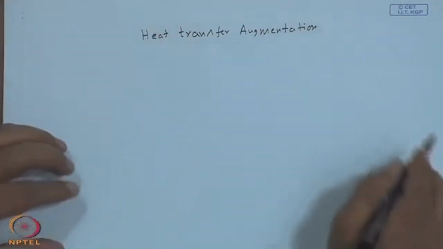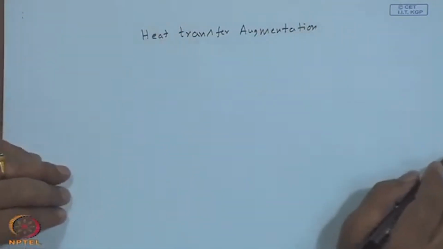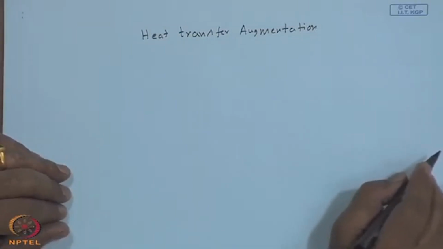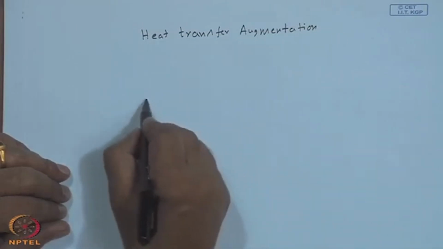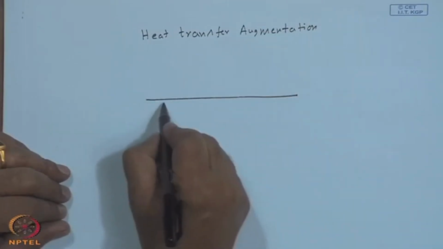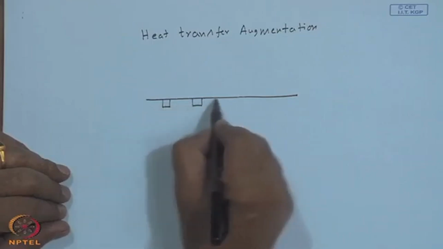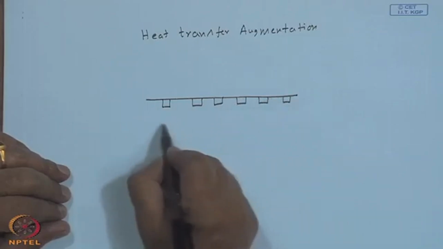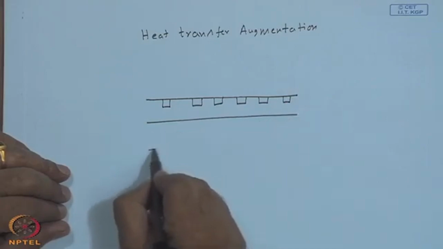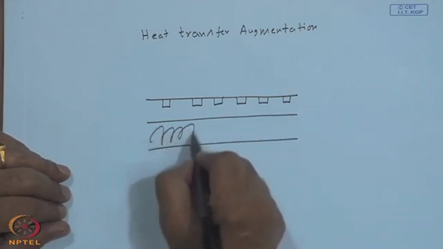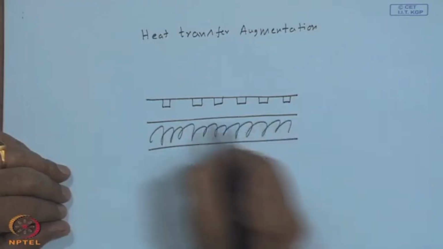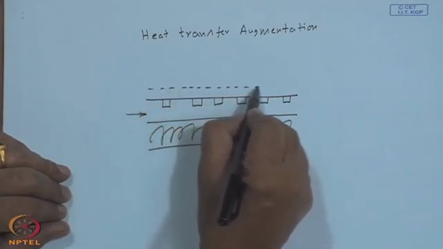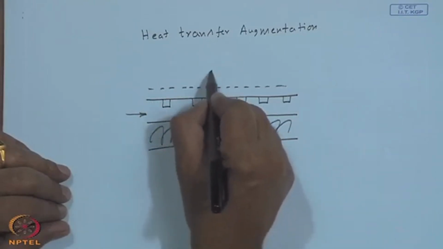I was mentioning in one of the previous classes that in general the heat transfer coefficient for air is poorer compared to that for liquids, and here you have an absorber plate with some protrusions, and a bottom plate and insulation and flow in this direction, let us say, and of course, to suppress the convective and radiative losses, you have a glass cover.